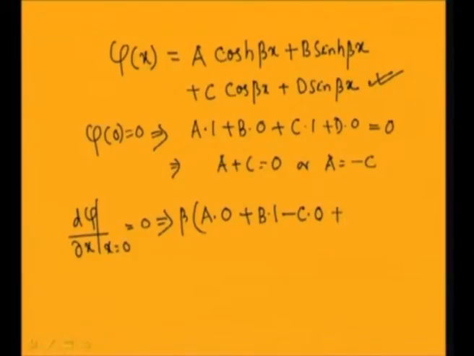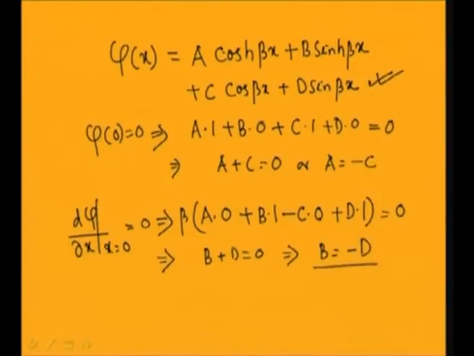And in the case of d, if I differentiate sin beta x, this becomes cos beta x. I have already taken beta common, so d into 1. In this way, b plus d equal to 0, which implies b equal to minus d.